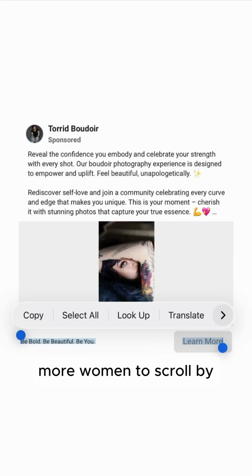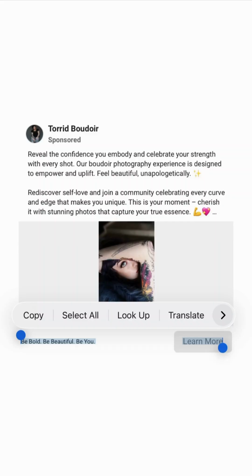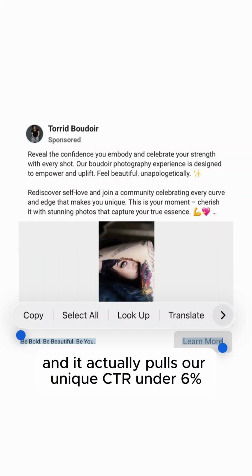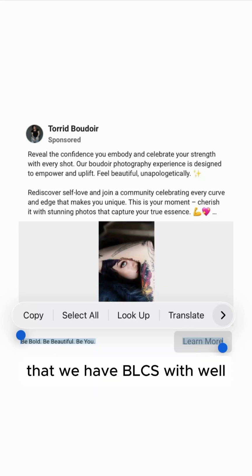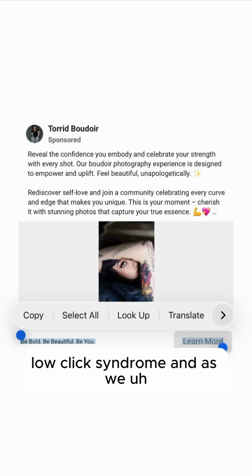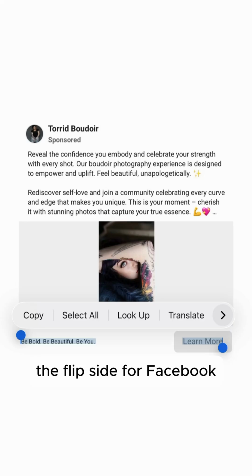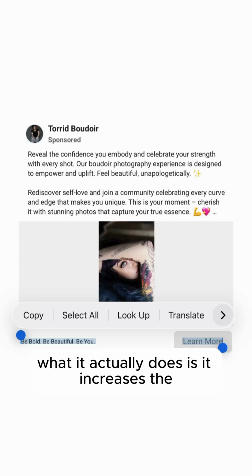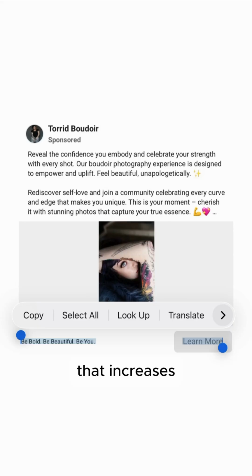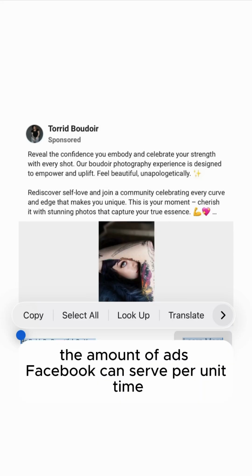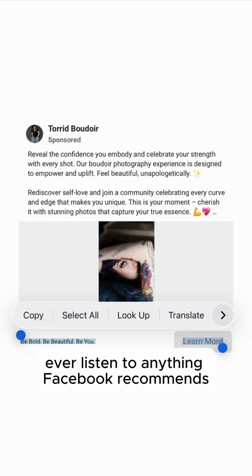It causes way more women to scroll by our Boudoir Facebook ads than normal, and it pulls our unique CTR under 6% and increases the probability that we have BLCS, Boudoir low click syndrome. On the flip side for Facebook, more women scrolling by our ads per unit time increases the amount of ads Facebook can serve per unit time, making Facebook more money per unit time. That's why you never ever listen to anything Facebook recommends.